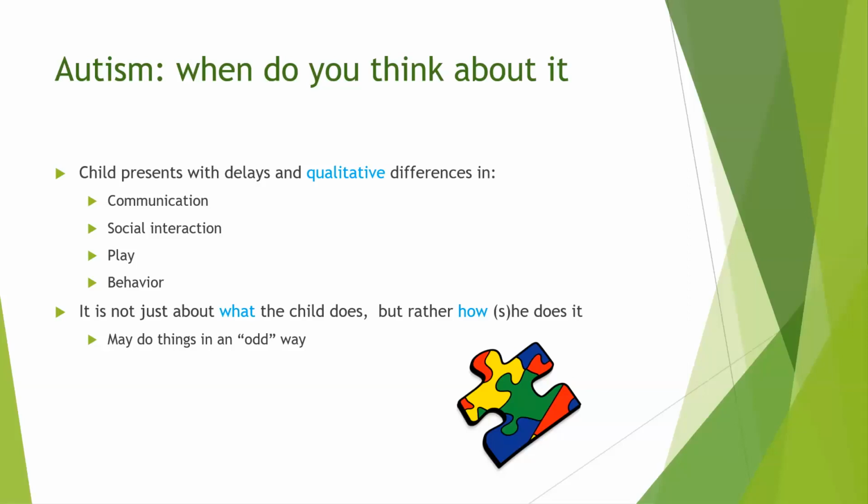It's not just a quantitative difference, meaning a quantifiable delay in development, let's say in communication, with language delay being the most common presenting symptom. In addition to the quantitative delay, there is also a qualitative difference in how the child plays, how the child interacts with others, and how the child behaves. This is what brings us to the observation that children on the autism spectrum may sometimes do things in an odd way.